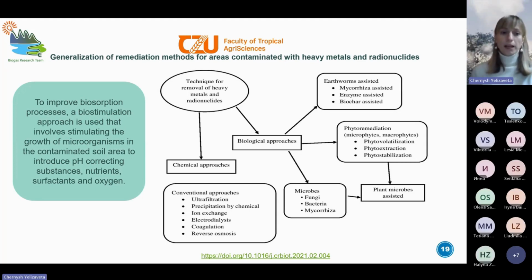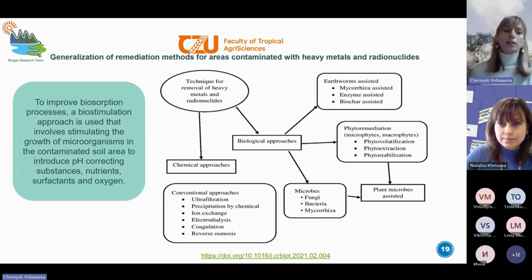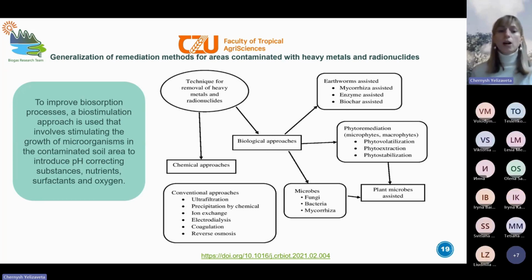Improving bioabsorption processes and stimulating the growth of microorganisms also requires some substrate with nutrients, adjusting conditions of the contaminated soil such as checking pH, and the opportunity of using immobilization carriers, mineral carriers, that can also be effective.